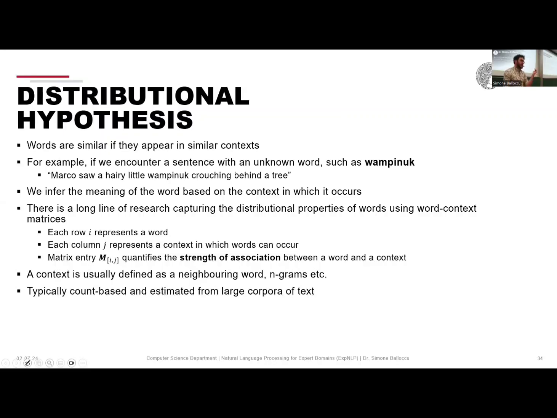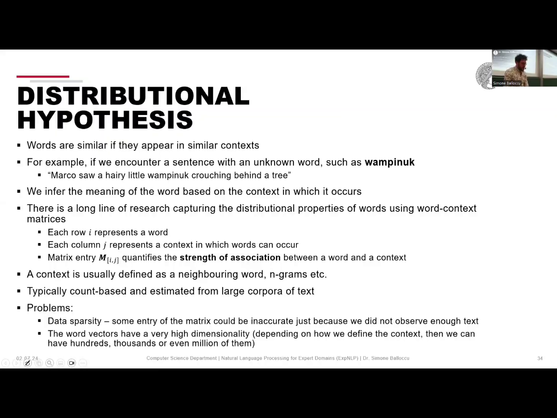You just, again, as before, check your corpus, how many times a word occurs in every context. But it's sparse, so if you don't observe enough data, some parts of our matrix will be meaningless or underdefined, let's say, underpowered. And the word vectors have a very high dimensionality depending on how you define your context.